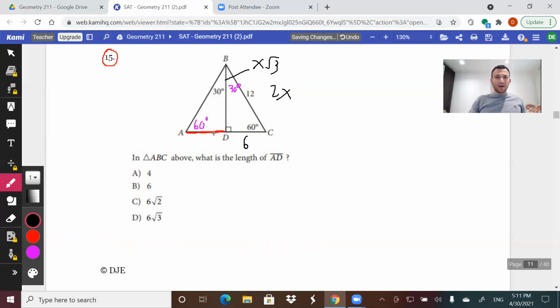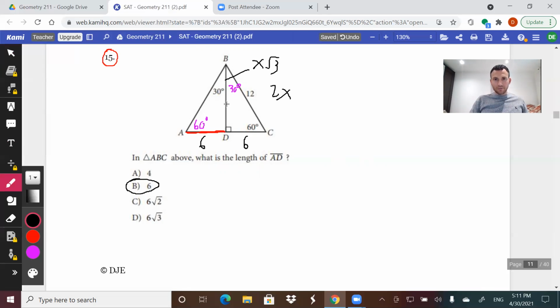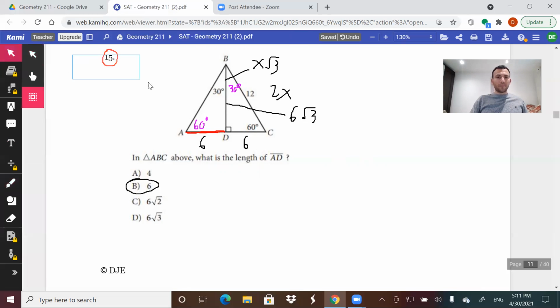Because these are similar triangles, we know that this is going to be 6 as well. Cool. And if you're curious, just for extra credit, this side would be 6 root 3. If for some reason we had to figure out the area, the height would be 6 root 3. Okay.